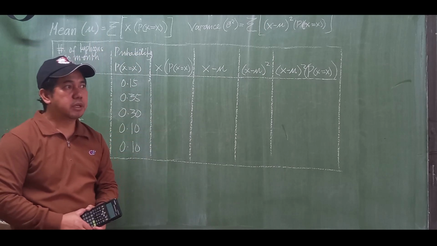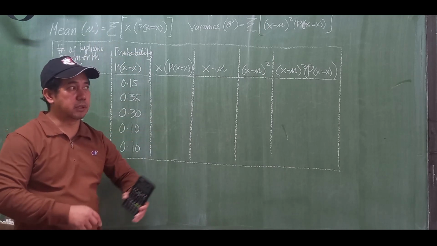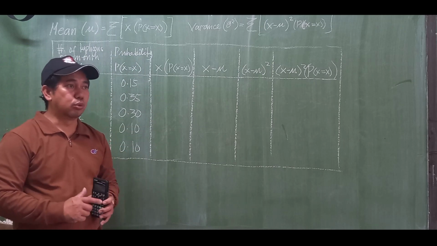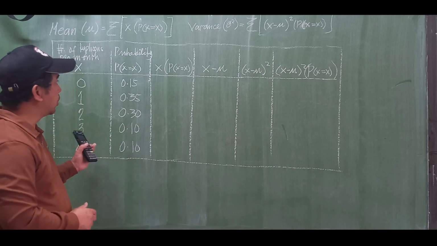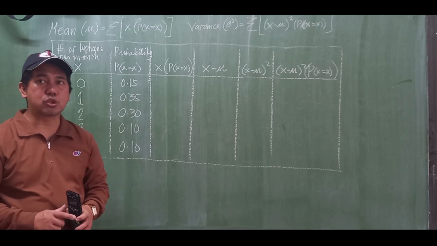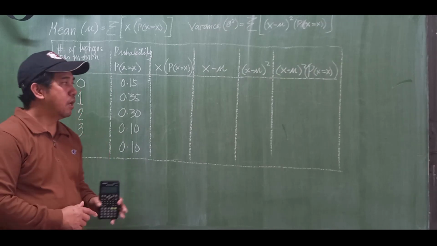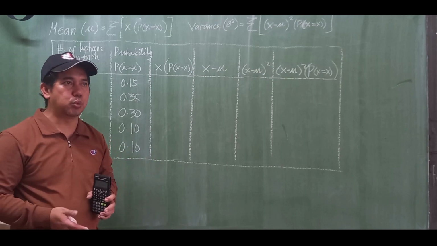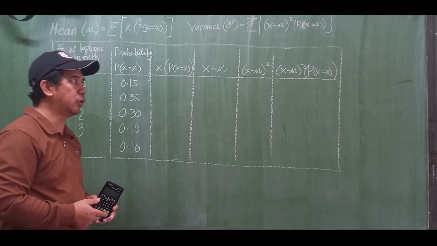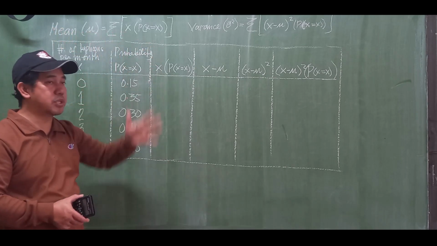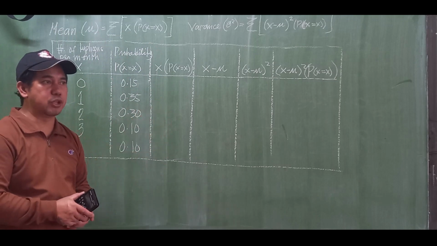And as I said, it is very taxing and of course complicated. So what are we going to do? We are going to put this into a table. The table is one way to guide you on how to compute the mean, variance, and standard deviation.